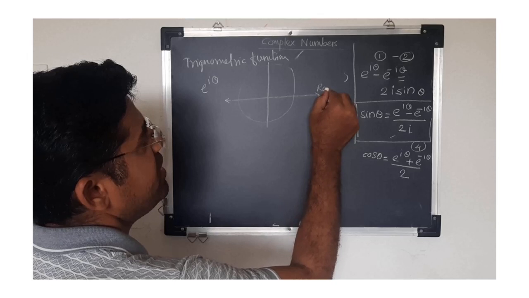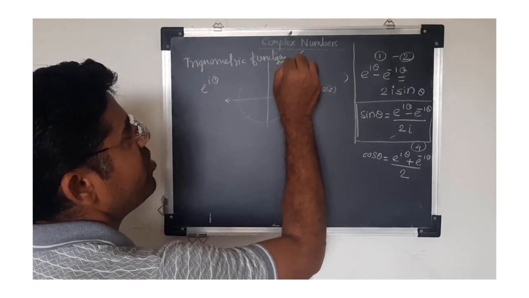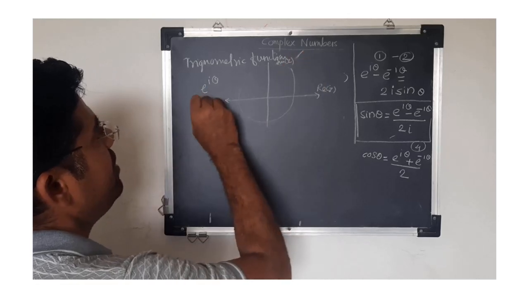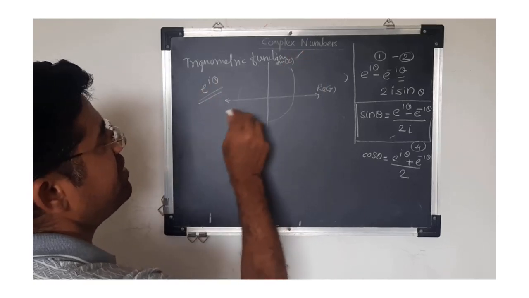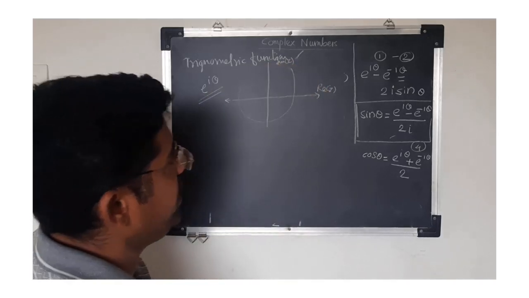So this is the real axis of a complex number, and this is the imaginary axis. If you are given e raised to i theta, then the complex function rotates in the complex plane.